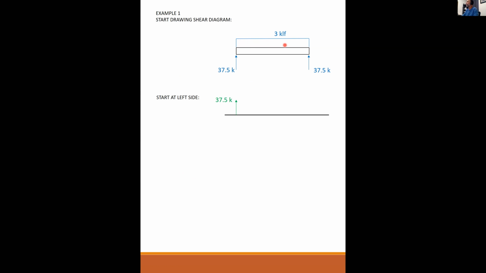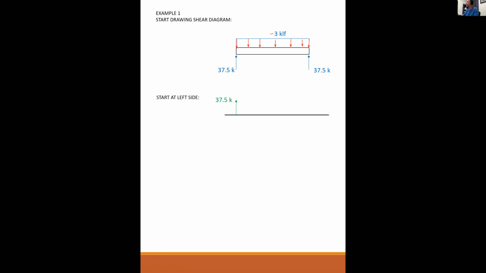Okay, so this load diagram, remember at the beginning of the last lecture, I told you that this is actually pushing down. I didn't draw it with all the pretty arrows at this point, but this load is pushing down. So that means that this load is actually minus 3 kips per lineal foot.